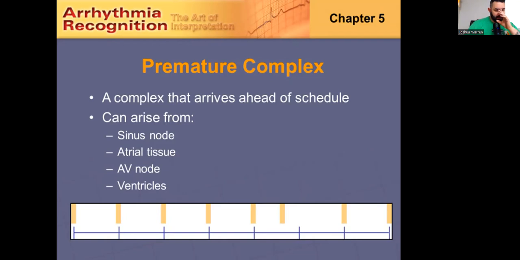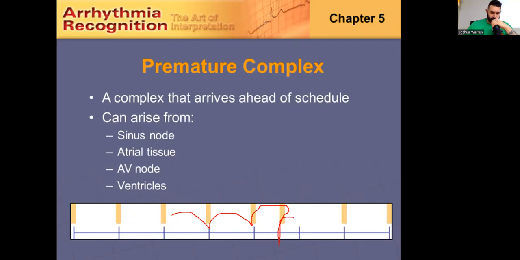So let's take a look at the pattern here. We have what going on? We have a regular, irregular. So it arrived early. What could cause it to arrive early? What was the term ectopic foci?